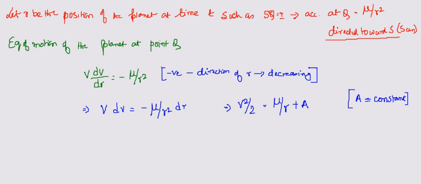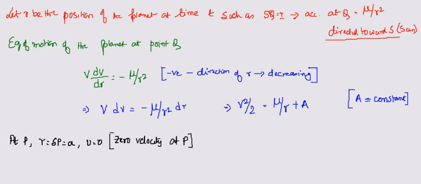So at point P, r is equal to SP equal to a, and v is equal to 0.